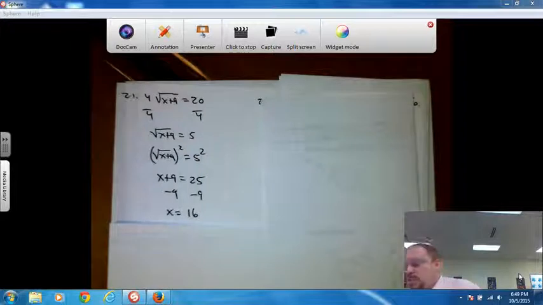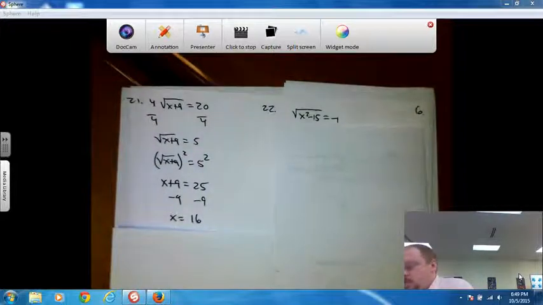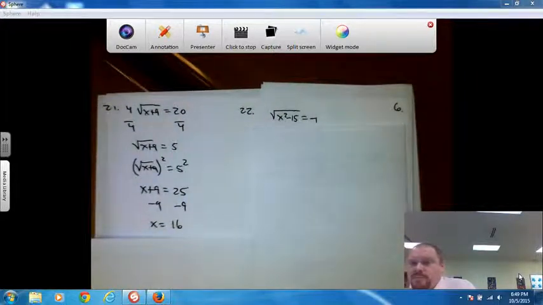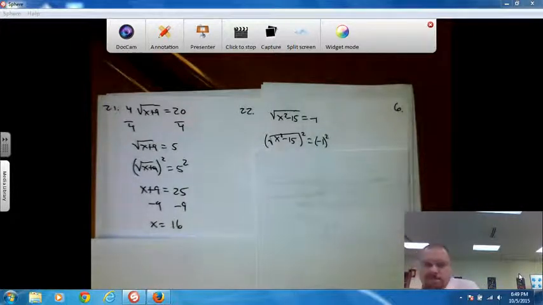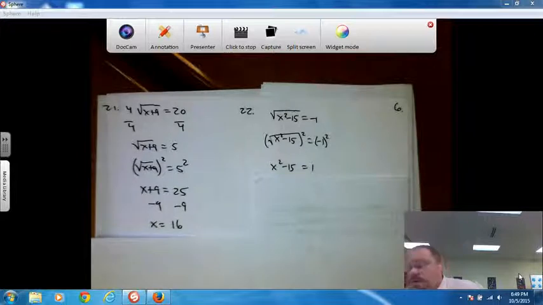Number 22. Now, we have a radical equals a negative number. At this point, if you see that, you can stop and say, no solution. You cannot solve this problem, no matter what you do. Now, algebraically speaking, yes, we could square both sides, and that would give us x squared minus 15 equals negative 1 squared, which is 1.